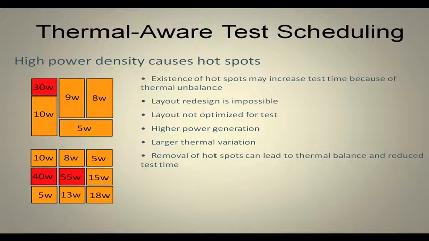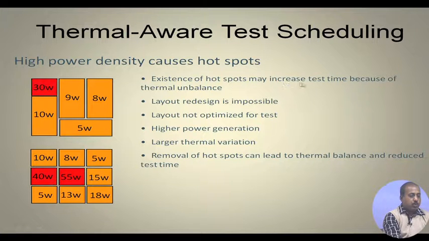When we have this type of high power consumption, there may be high power density positions in the NOC, and that may produce a lot of heat. It may create some hot spots, like this is say consuming 30 watt of power, this is say 40 watt, this is 55 watt. So, power densities may be high, as a result there may be some thermal imbalance.